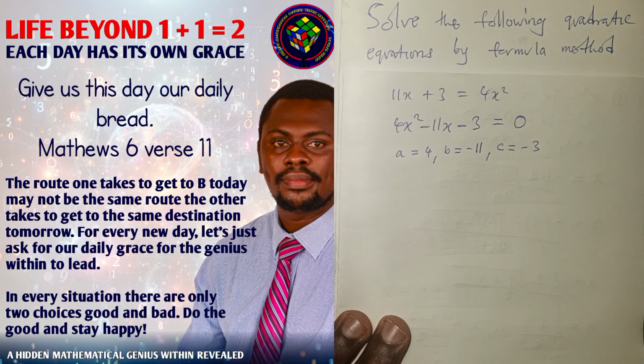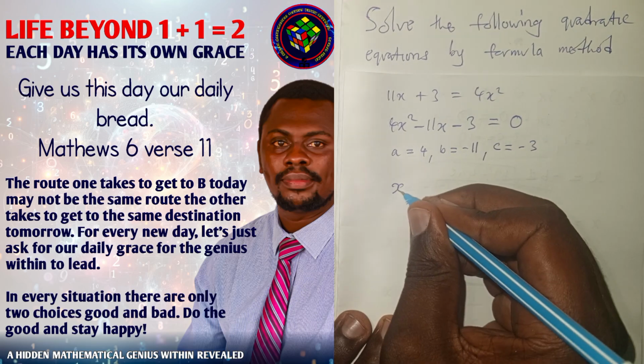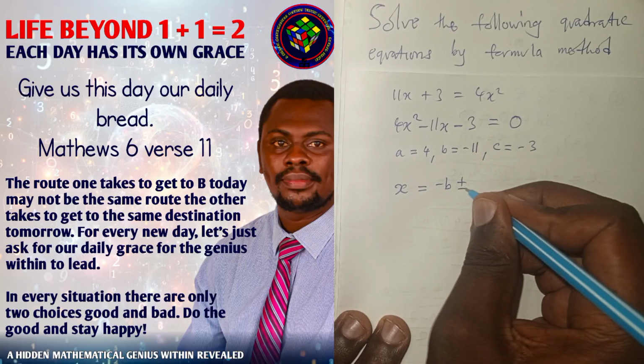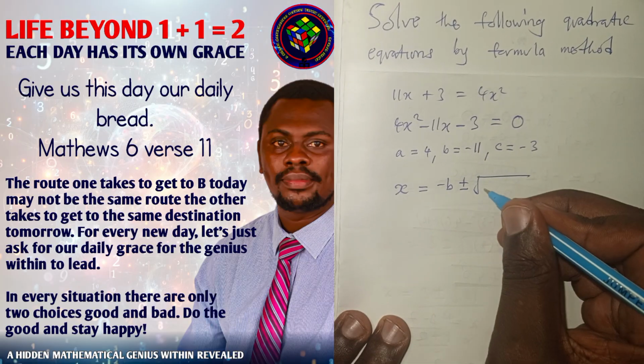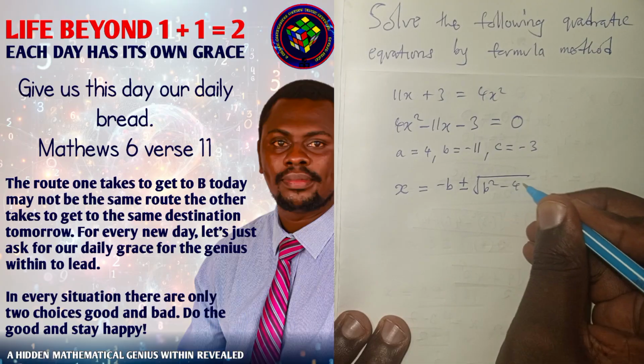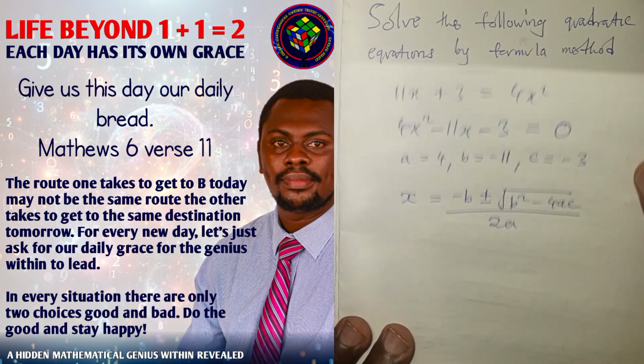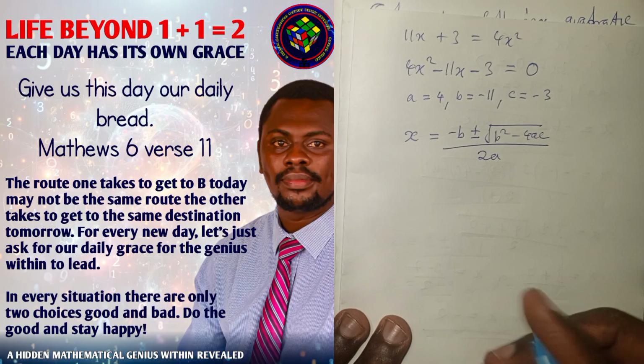The quadratic formula is given as x is equal to minus b plus or minus the square root of b squared minus 4ac, all over 2a. Okay, then we substitute the values.